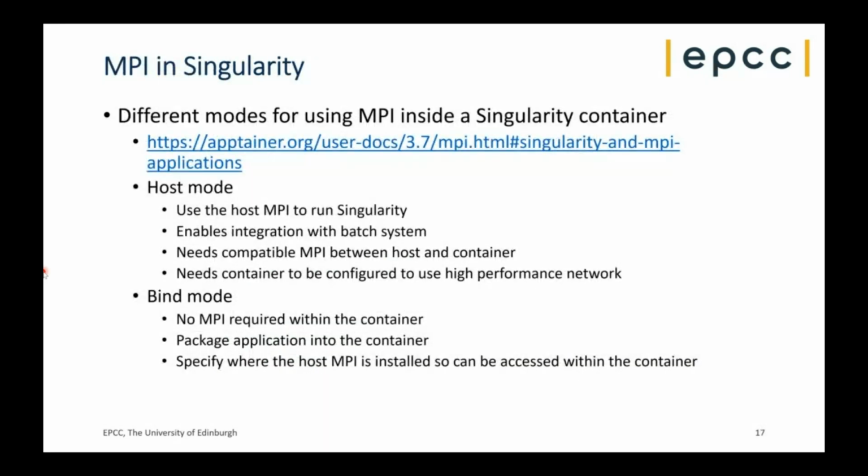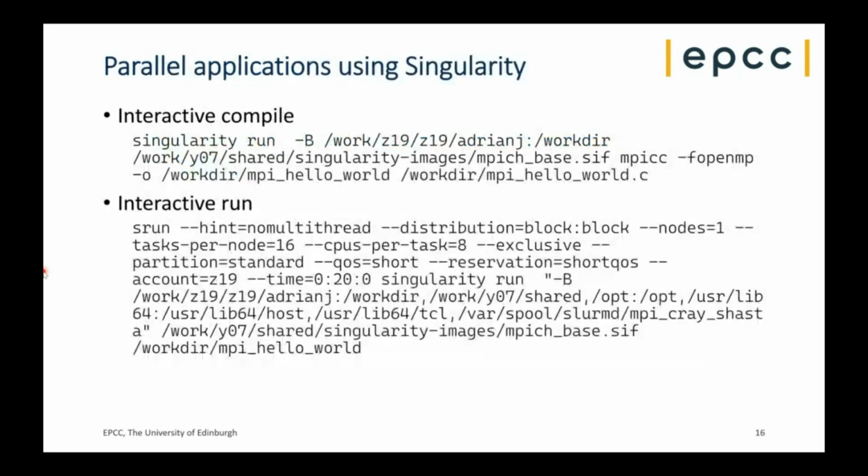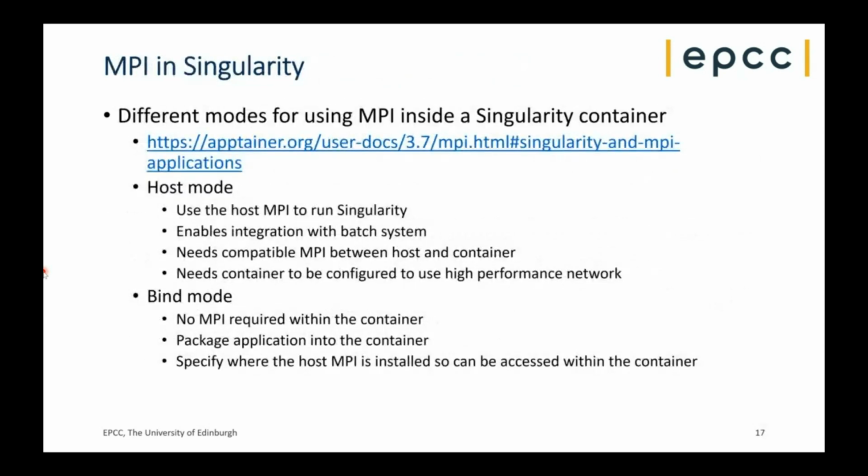There are actually different ways of running large-scale parallel applications with Singularity using MPI. And it gets into a bit more complexity there. So the one we were looking at here was called host mode, where we use the host MPI to run Singularity, and it requires this integration between the container to have a compatible version of MPI installed inside it compared to the MPI outside it.